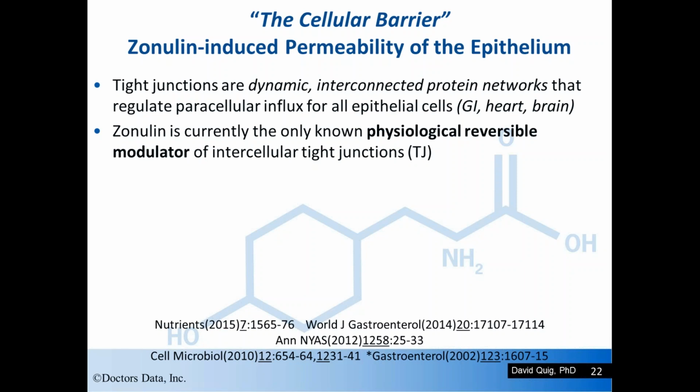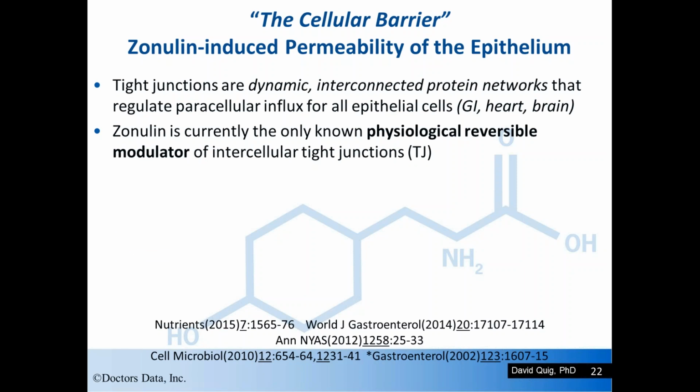So not only in the gut, but also in the arterial endothelium in the heart, as well as in the brain, the blood-brain barrier. Zonulin is currently the only known physiological reversible modulator of these intercellular tight junctions.